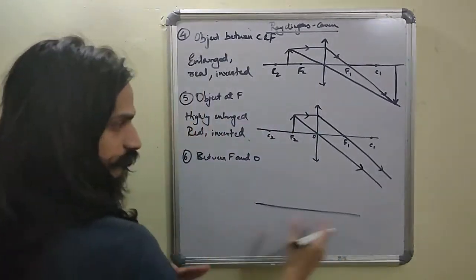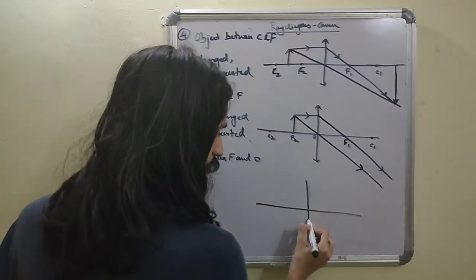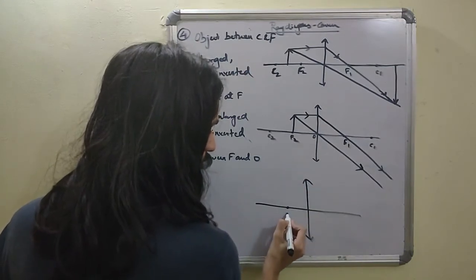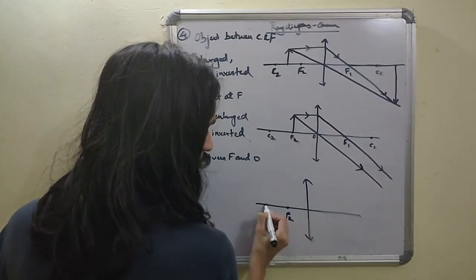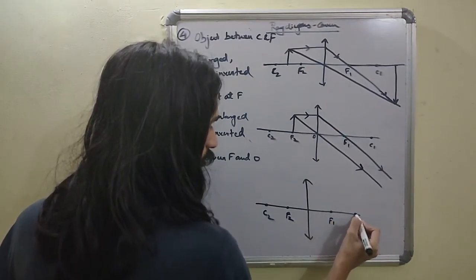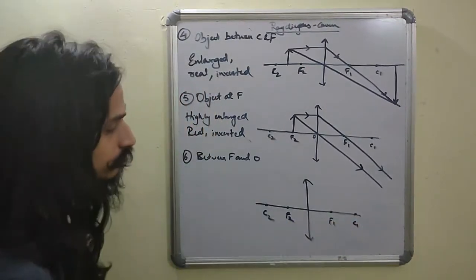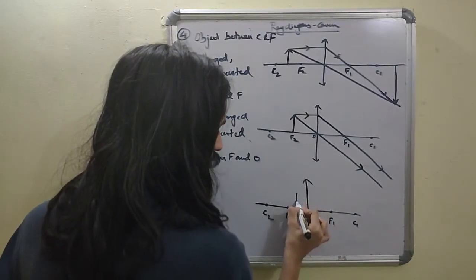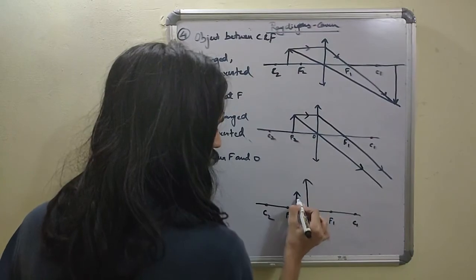First, the axis, and this, F2, C2, F1, C1. Now, if I put an object here, where will it go?